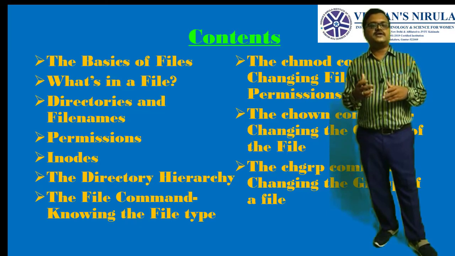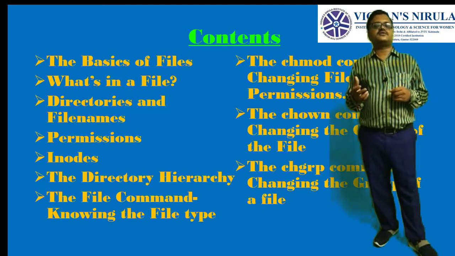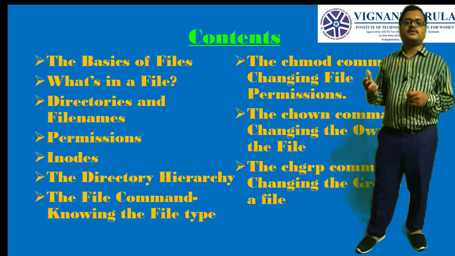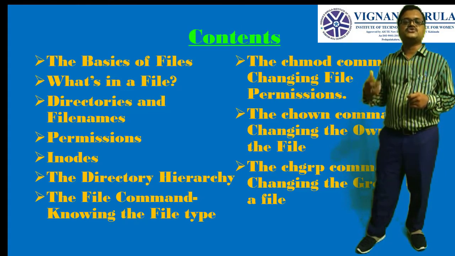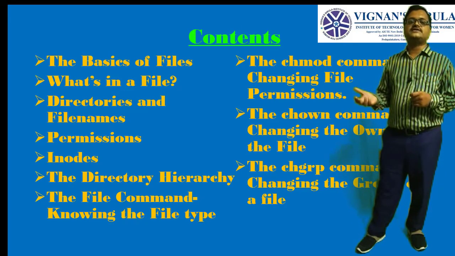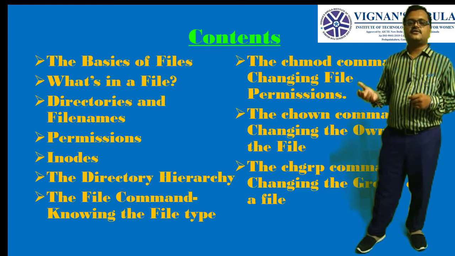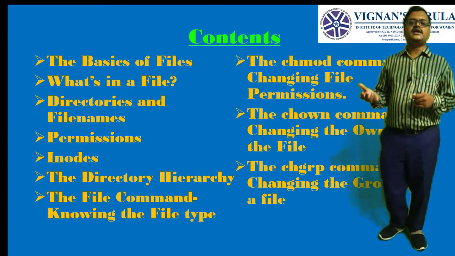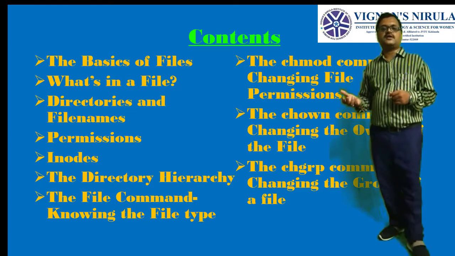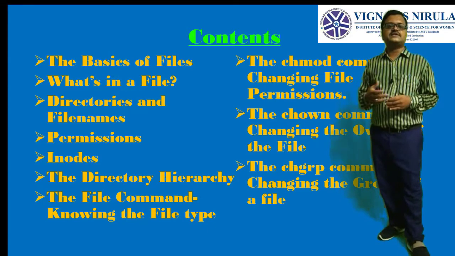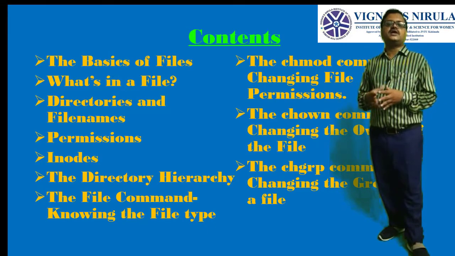What is a set UID? That we will see in the permissions. And what are the permissions associated with a directory, and what are the permissions associated with a file? That also we will discuss. Like that we will see in detail about the file and directory with an example. So that is about the permissions in unit 2.